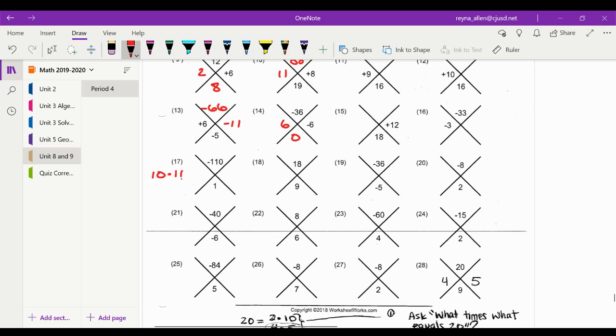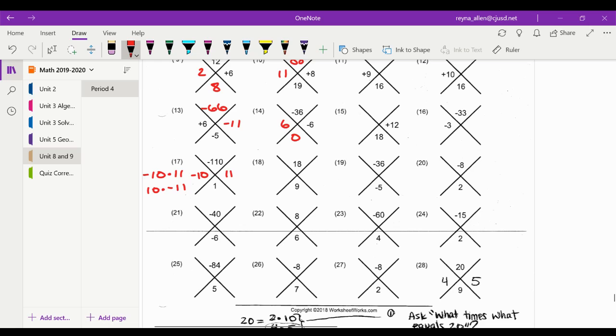So 10 times 11, but there needs to be a negative. So we can say negative 10 times 11, or we can say positive 10 times negative 11. One of these would have to work when you add to give 1. If I add these, it'll give me 1. If I add these ones, it gives me negative 1. So we would do the first one.